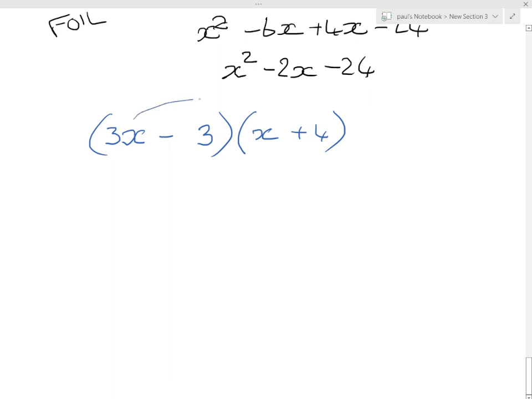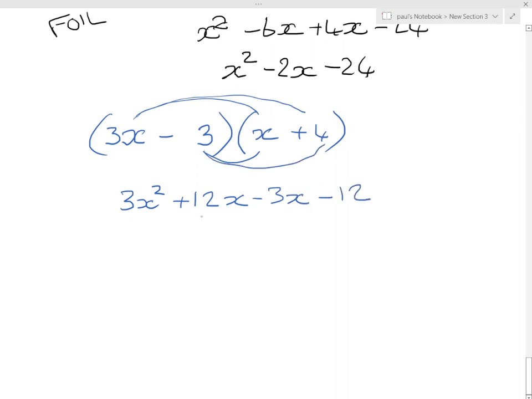FOIL. 3x times x is 3x squared. Outside, 3x times 4, 3 fours are 12x. Inside, minus 3 times x is minus 3x. And minus 3 times 4 is minus 12. Tidy up the middle 2. Plus 12 minus 3 gives us plus 9x, and minus 12 and 3x squared.